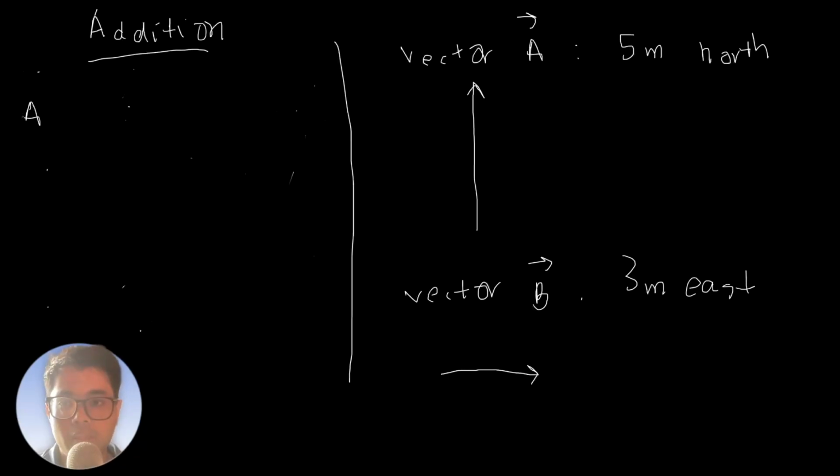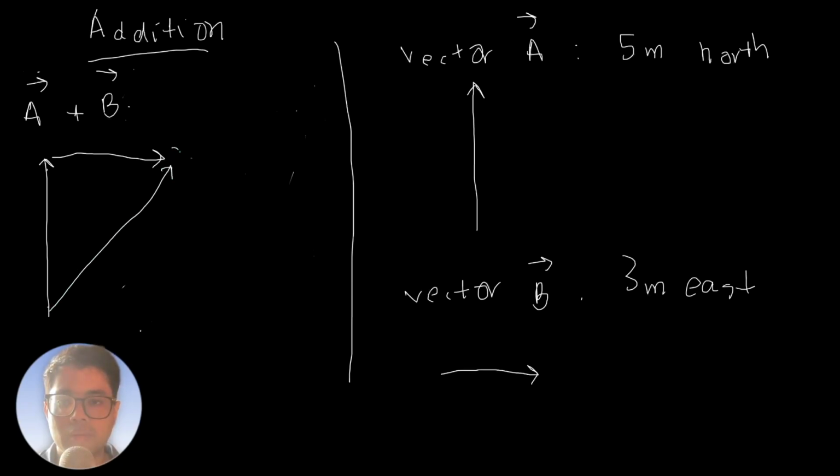To add A and B, we first draw A, join A with B, and we piece them together by combining from the tail of A towards the head of B. So this is the addition.